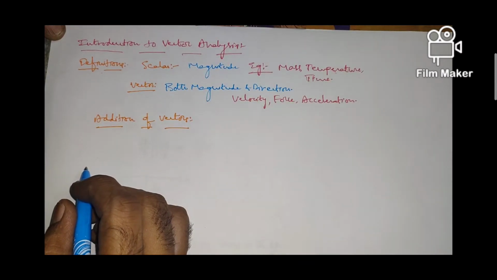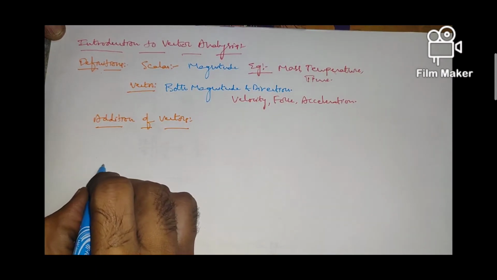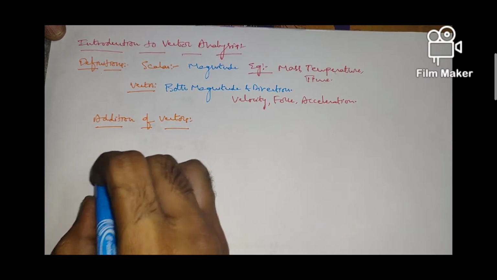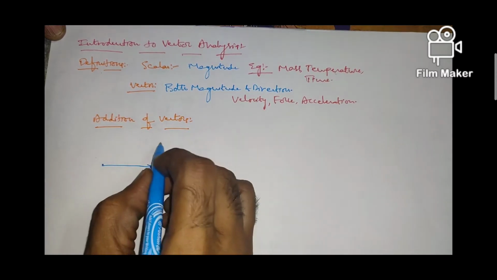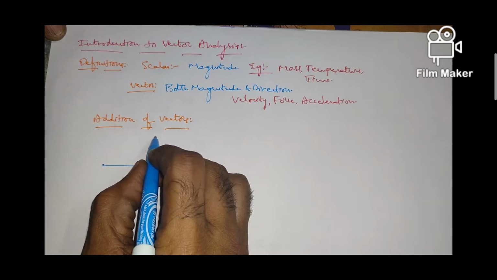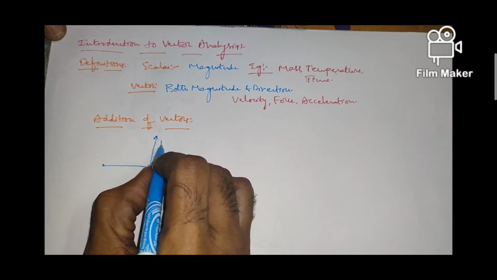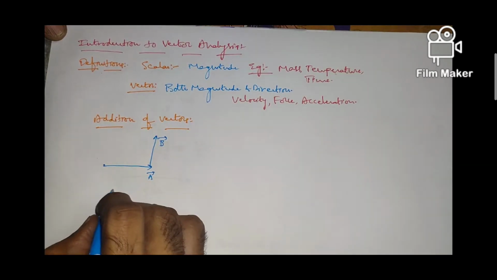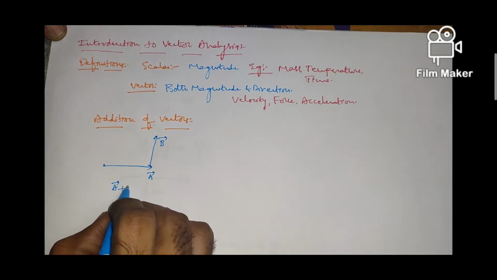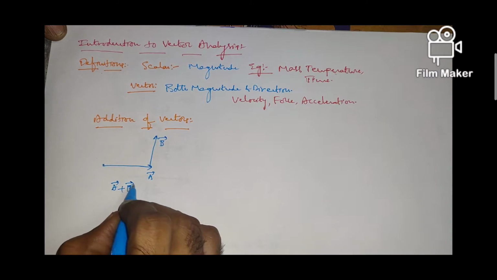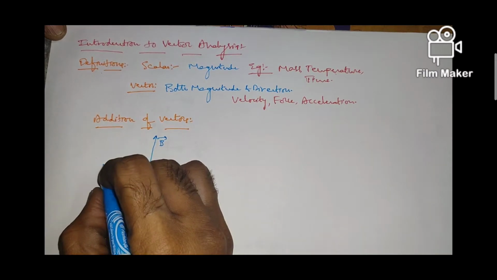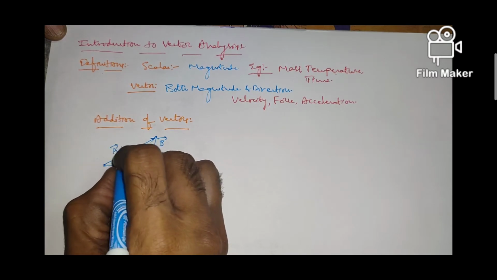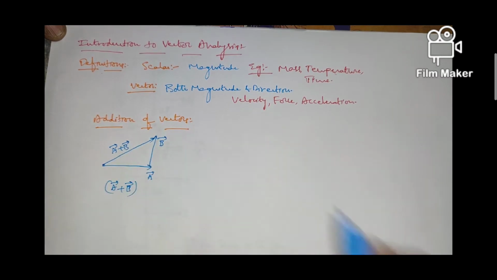If we consider two vectors a bar and b bar, the addition a bar plus b bar can be found out using the triangle law of vectors. Here the resultant is given by the closing side of the triangle like this, a bar plus b bar.